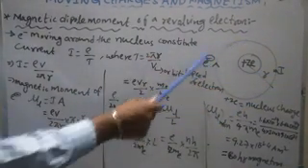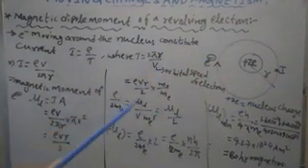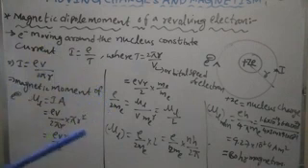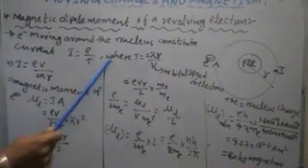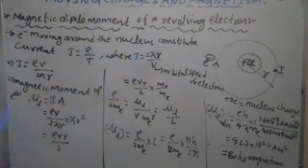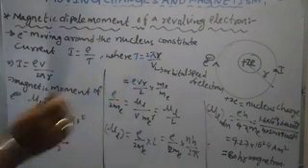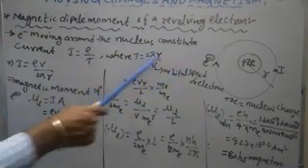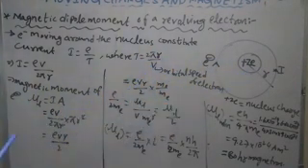T is nothing but distance by speed, that is 2 pi r by v, where v is the orbital speed and r is the radius of the orbit, the radius of the electron in the particular orbit.